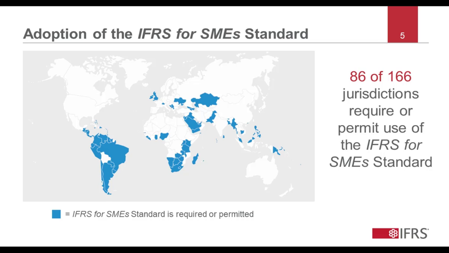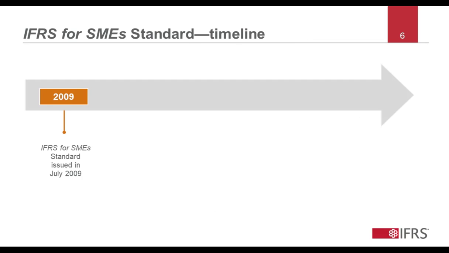So it's very hard to see how many entities have chosen to formally require the IFRS for SMEs Standard and how many may informally require it or be copying the standard. You can also look for further information about the jurisdictions applying the standard on our website under the Jurisdiction Profiles section.